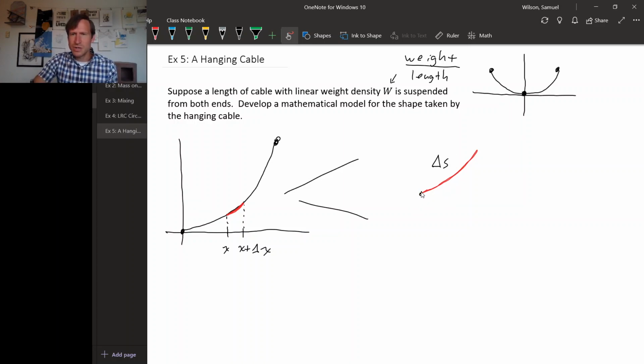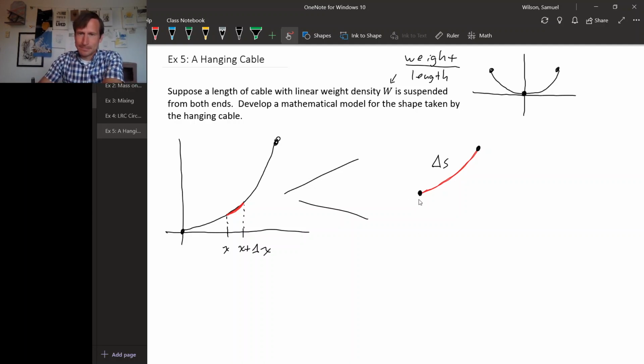And what we're going to do is, right, this cable is being held up, so we're going to write the forces on both ends of this bit of cable and write down the equations that indicate that this bit of cable isn't moving, because once this cable has stopped wiggling around and comes to rest, it won't be moving.